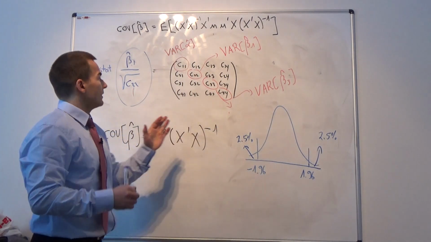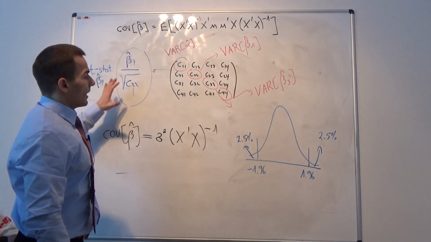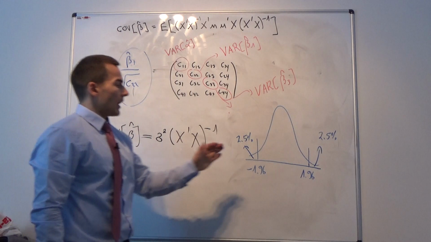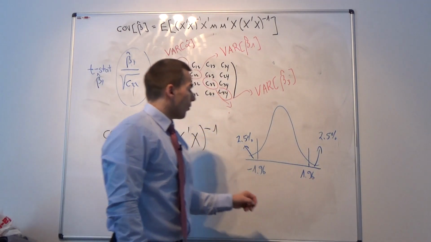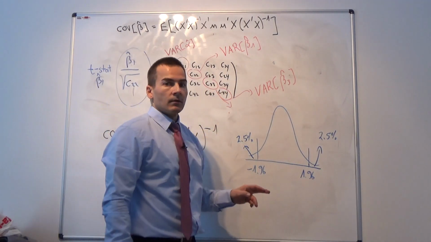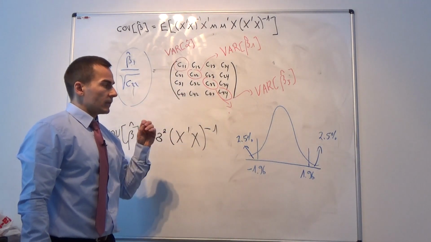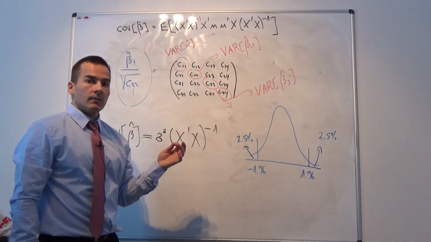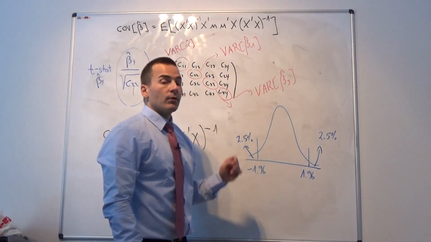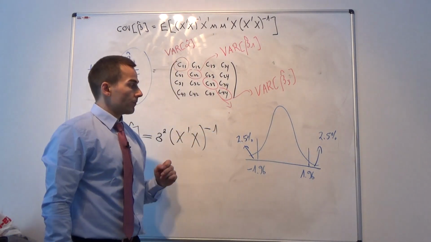So whenever our t-statistic has a value either above 1.96 or below minus 1.96, we would conclude that our point estimator is statistically significant given a 5% significance level.